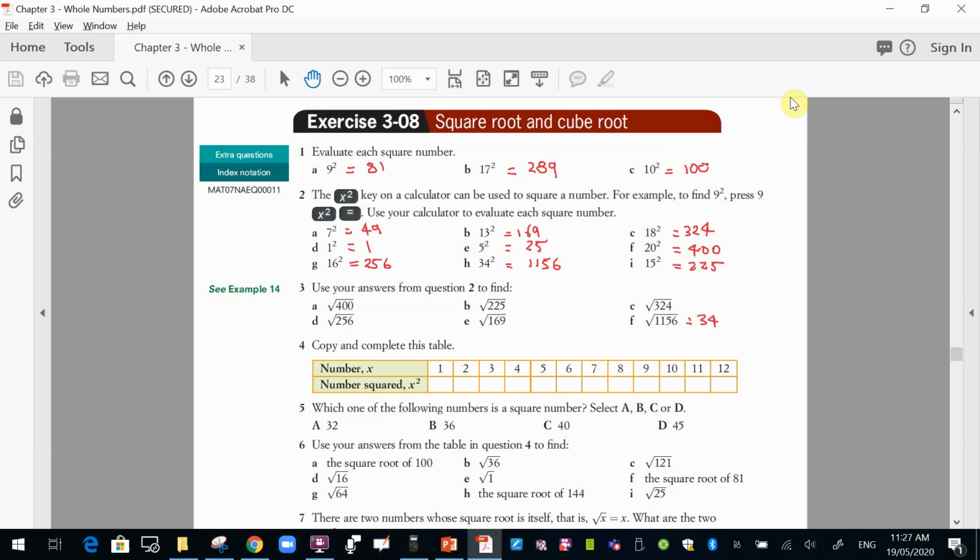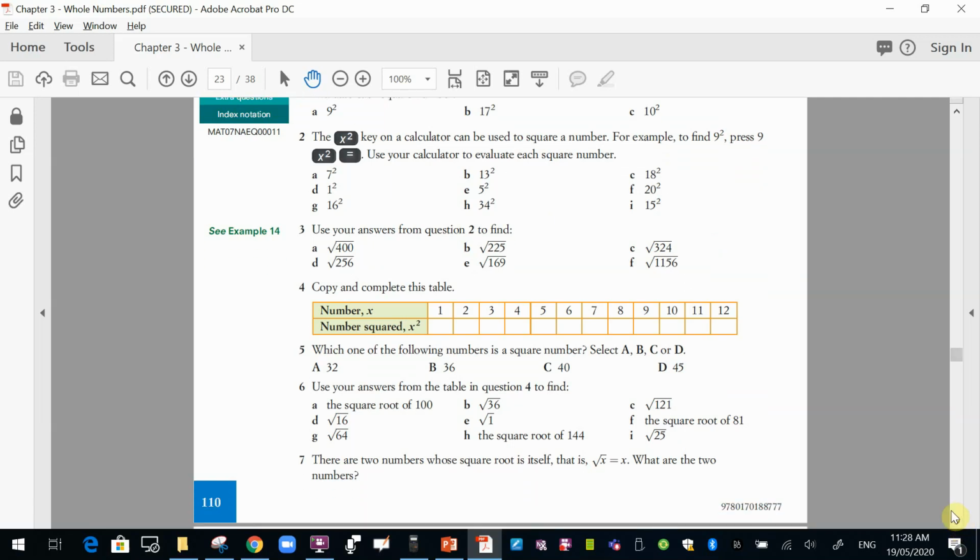What you do is find the numbers in question 2, and that gives you the square root. I'll do one more. Square root of 400. If we can find 400 in here, there it is. 20 times 20 is 400, so the square root of 400 is 20. And so on for the rest of question 3.